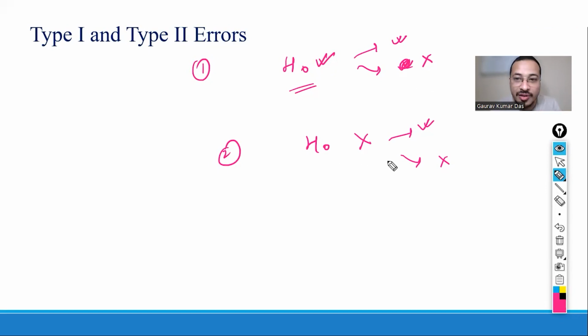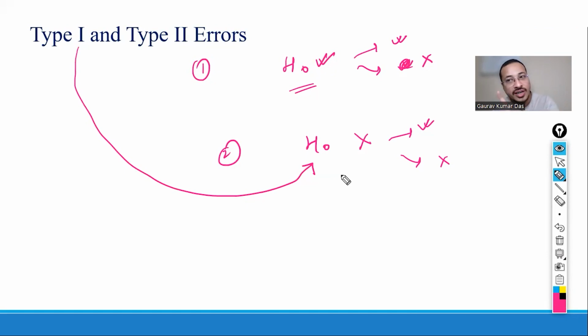When I rejected the null hypothesis, I should not have rejected it. Type 1 error happens when you reject the null hypothesis, and it tells you that you should not have rejected it. Type 2 error happens when you accept the null hypothesis, and it tells you that you should not have accepted it.